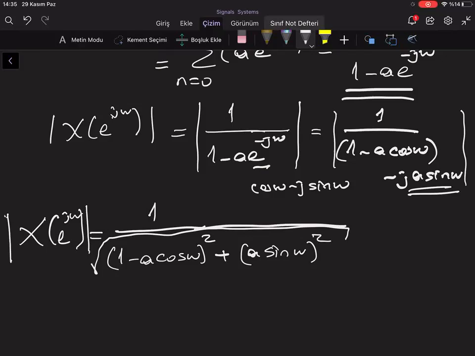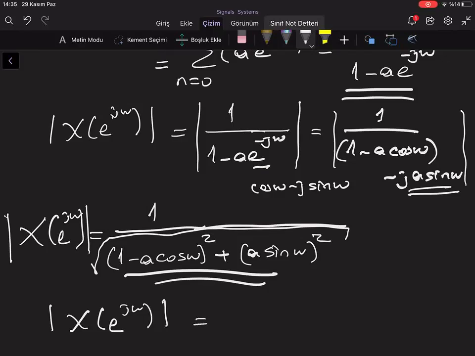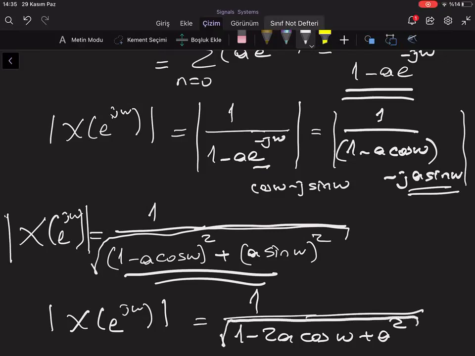Finally, if you do these things at home, the magnitude of X(e^{j omega}) will be equal to 1 over the square root of 1 minus 2a cosine omega plus a squared. I want you to draw this in MATLAB and see what kind of function this is.